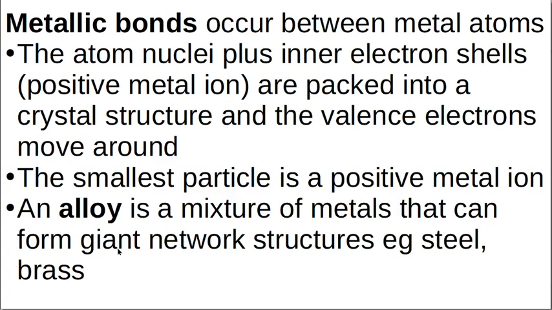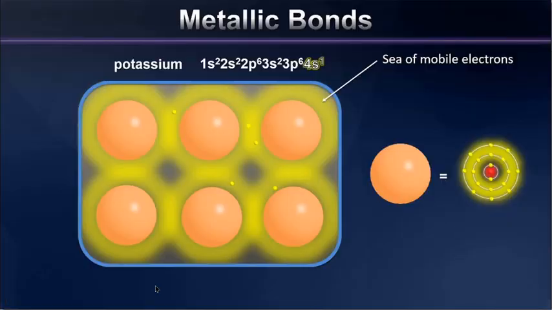They have different properties to the existing metals, but basically what's happened is they're all sharing their electrons, but the positive metal cores are packed into a network structure. So see, here's a visualization of it, where this orange blob here is the positive nucleus and the core electrons, and this fuzzy yellow out here is the sea of delocalized valence electrons.